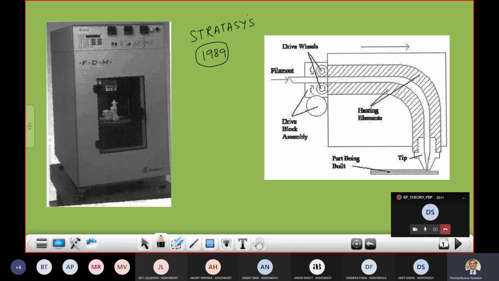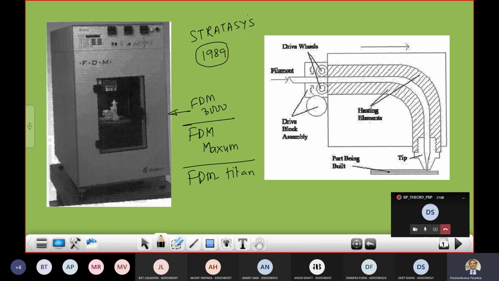The FDM series includes models like the FDM 3000, the FDM Maxum, and the FDM Titan. The Concept Modeler series includes models like the Dimension and the Prodigy Plus.